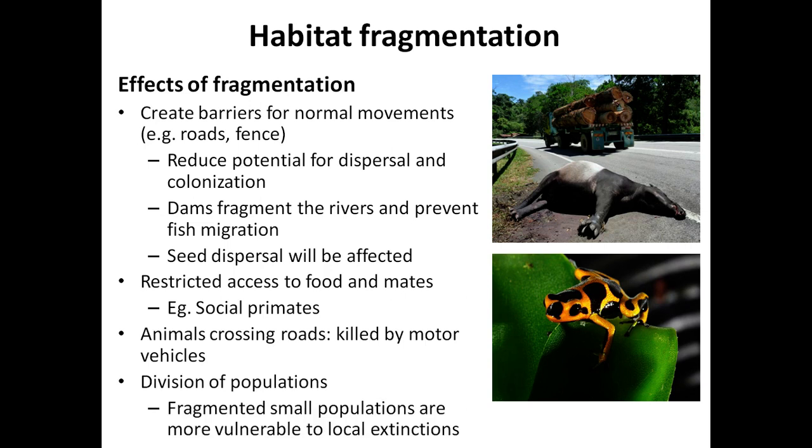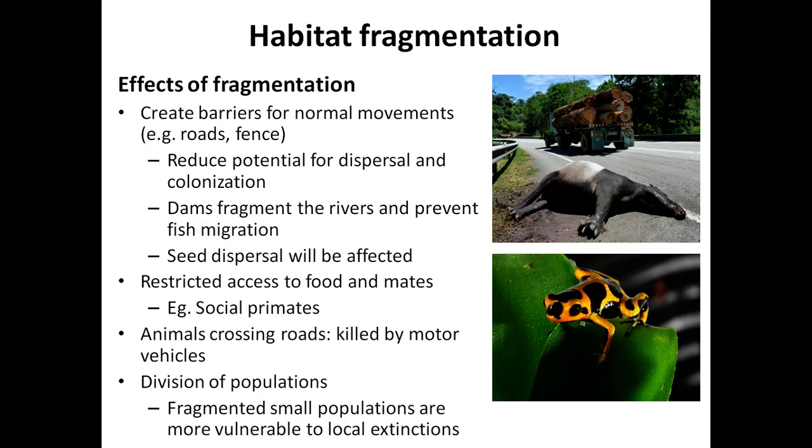And also, fragmentation divides once large populations into small populations. And you may remember some information about metapopulations. So basically, if you think about a large area and a single species, they have small populations, but these small populations are interconnected with each other through migration and functionally act as a large population.